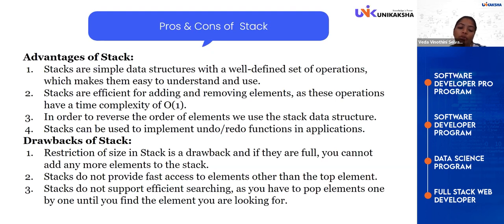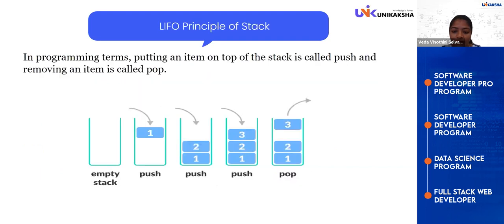Okay, so of course there are drawbacks in this stack. What are the drawbacks? For example, while you are learning about the LIFO principle, last in first out, you might have heard that only one element will be popped out. There is no way, for example, if you wanted to delete 3, 2 and then 1 at once.